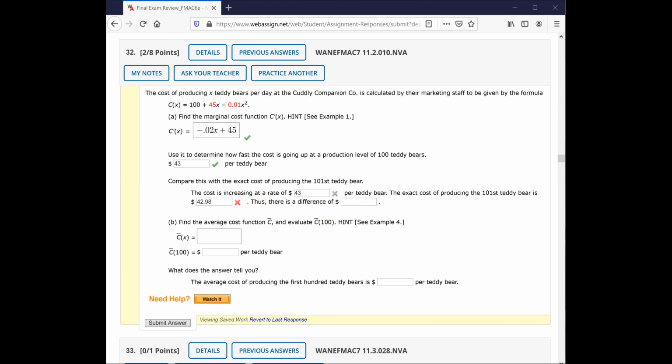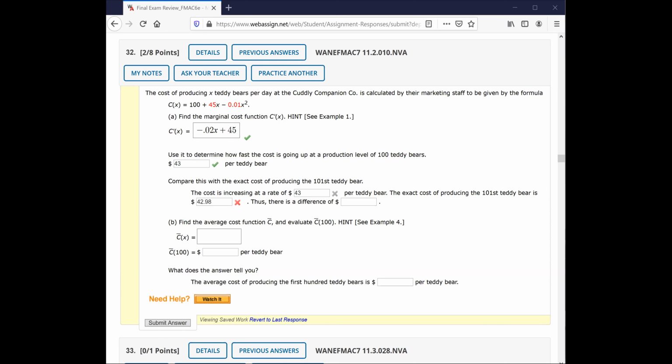Okay, so I got, wait, then you subtract what you plug in for 100? Yeah, you have to do it for 101 and then for 100. 42.99.